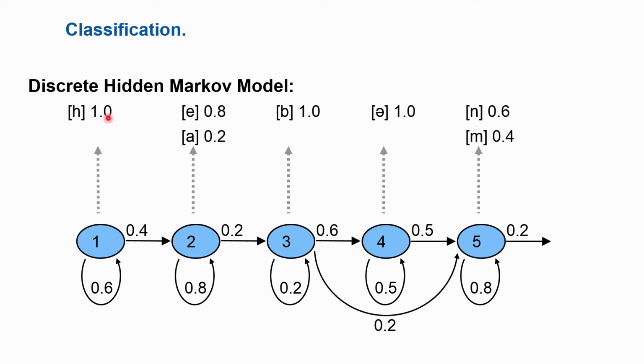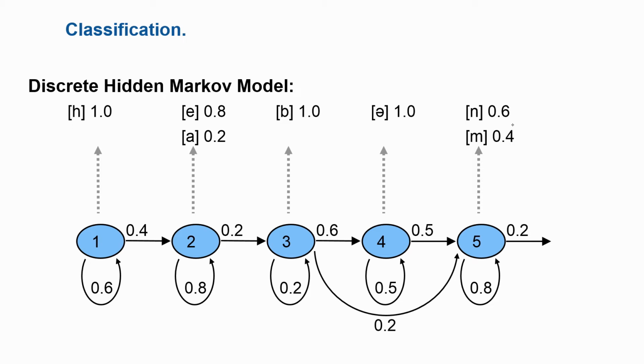That is, we have to multiply, starting from the first state, the probability that this state emits the first symbol, multiply with the probability of running through the next state, multiplying with the probability that that state produces the second symbol, multiplied with the probability of running through the third state, multiplied with the probability that this third state produces this symbol, multiplied with the probability of running to the fourth state, multiplied with the probability that this state produces the fourth symbol, multiplied with the probability of running to the fifth state, multiplied with the probability that this state produces this symbol.